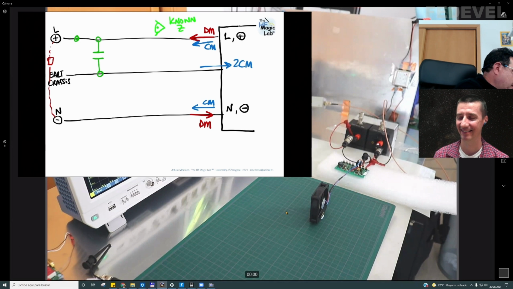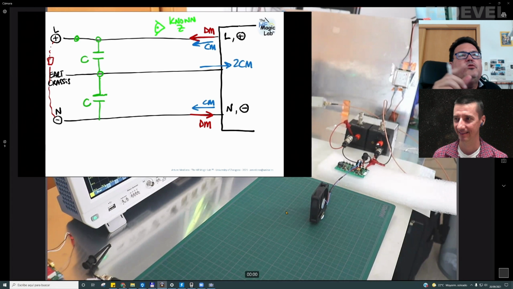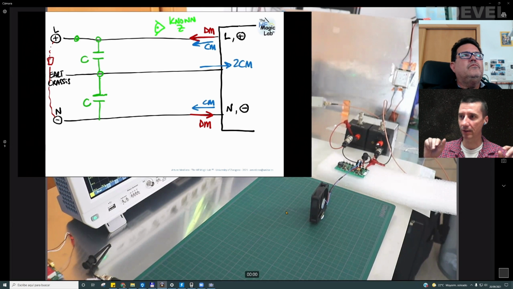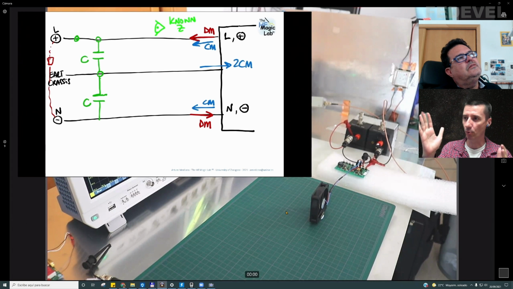So what happens if you put a capacitor here or a capacitor here? With these capacitors, you are creating a short circuit between lines. So there is no effect of the variations in the impedances on the left from what your device is looking at. It is some kind of short circuit. It means, from your device, all the noise will be going through these capacitors, basically.